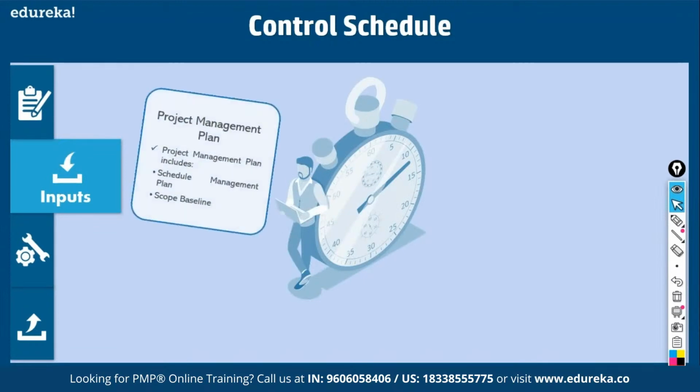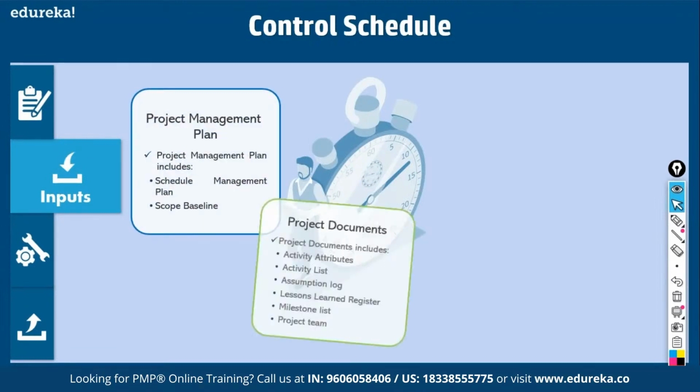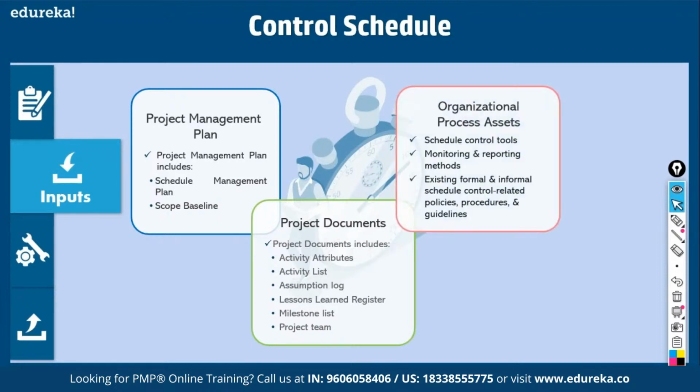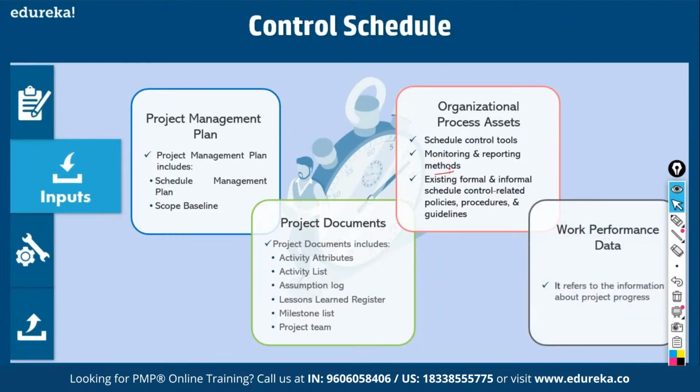Fine. So plan is an input, project documents are inputs, organizational process assets, any control tools, reporting methods are inputs. Then work performance data, which activity has started, which has not started, which has ended, right?